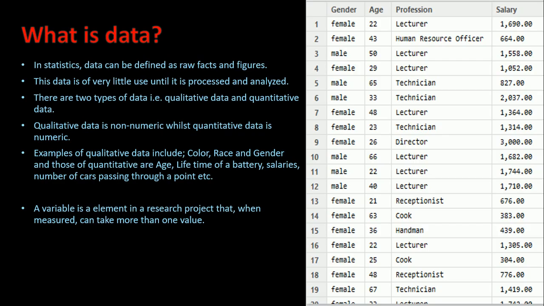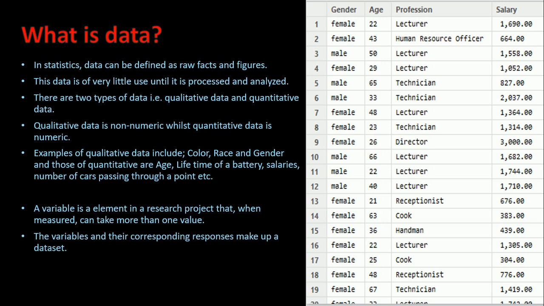And if you are to consider the ages of people, maybe in your family or in your class, you will notice that not everyone is of the same age. So that variability in the variable age makes age a variable.